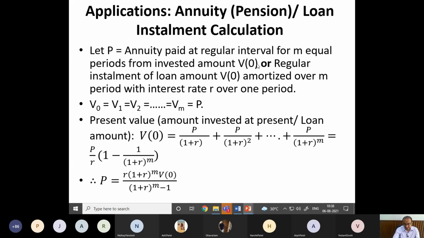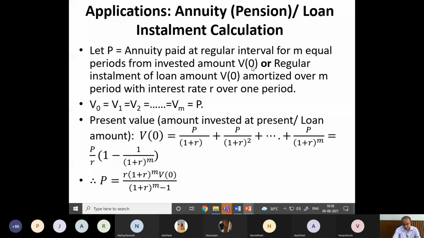So if I invest in some pension fund, say amount capital V0 at this instant of time, then the company will pay me amount P at regular intervals, maybe monthly, quarterly, half yearly, yearly, whatever, right? Or I can say the same parameters in a different way. Let me say V0 is my loan amount.